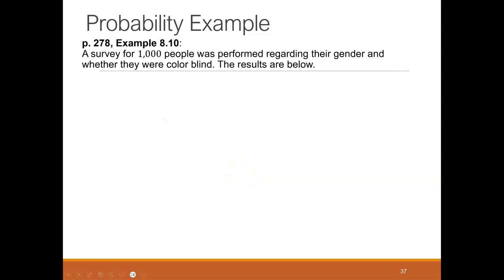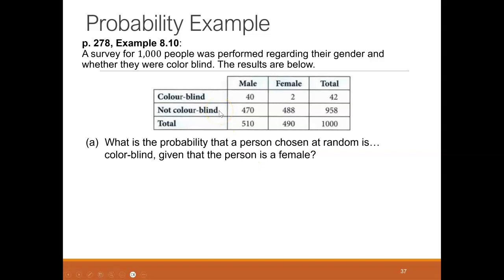Okay, a survey for 1,000 people was performed regarding their gender and whether they were colorblind. The results are summarized below. What is the probability that a person chosen at random is colorblind, given that the person is female?